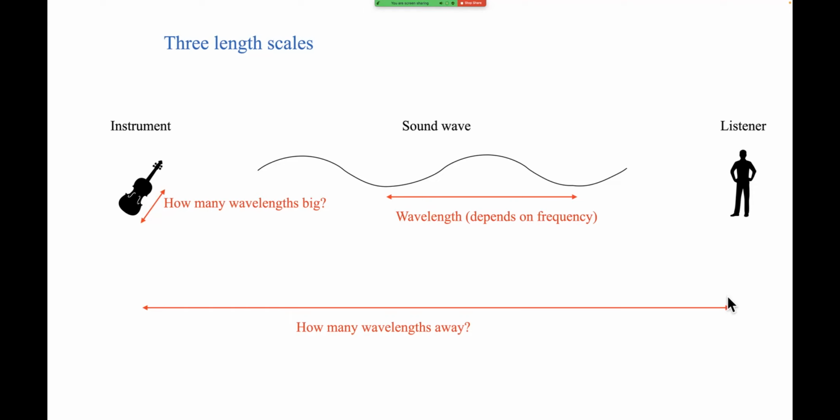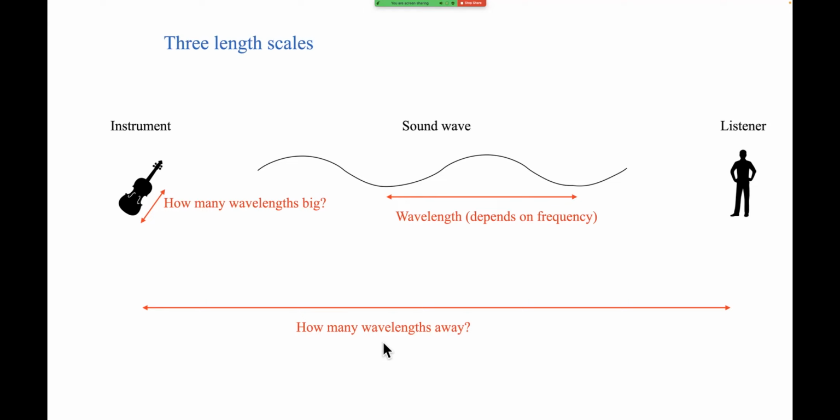That might be many, or if it's the violinist, it might be not very many at all. Now, different combinations of those 2 numbers, how many wavelengths to the listener, how many wavelengths in the size of the violin, generate different regimes of sound radiation. Think about the listener first.